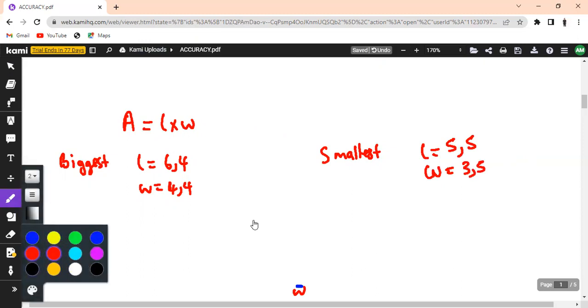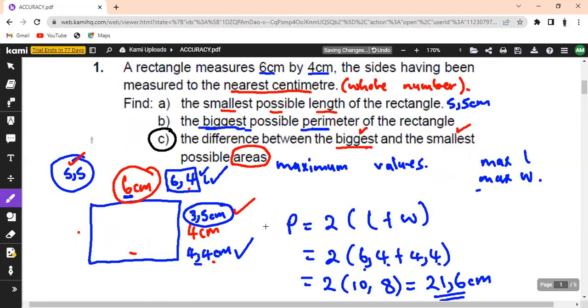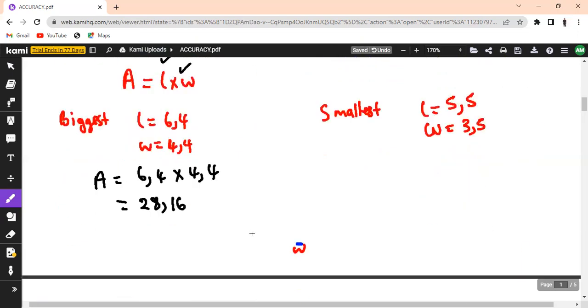So definitely we are going to find the area here, which we said is length times width. It's going to be 6.4 times 4.4. If you multiply this, you are going to have something like 28.16. For the units, we take the units as they are, which are centimeters, so it will be square centimeters here.